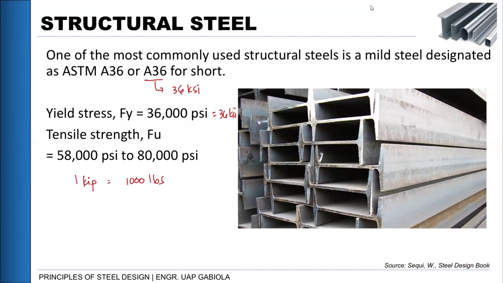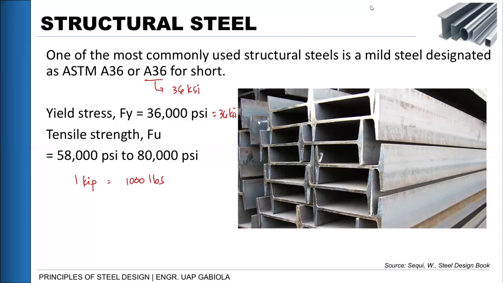But the code specifies na it should be at least 58 KSI. Okay? So it can be 60 KSI, 70, 75 until 80 KSI. Pero once na yung value ng tensile strength natin or FU natin is below 58 KSI, that means that our material is already not conforming to the prescribed by the code.